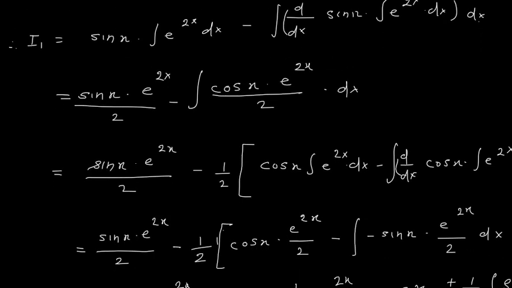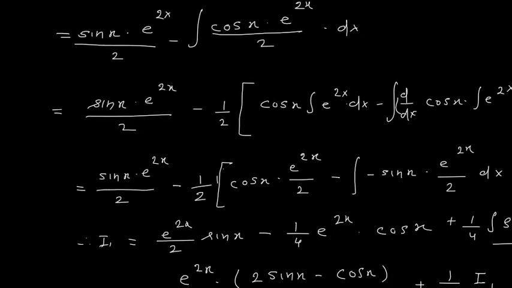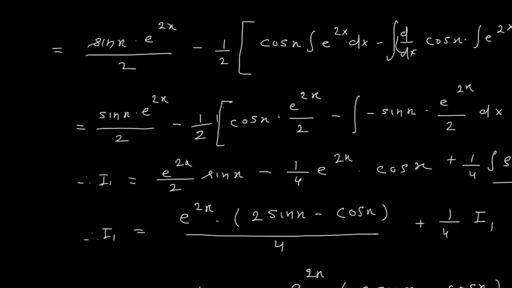Cos x e power 2x minus d by dx of cos x e power 2x dx, that is fine. So this is a minus sign, here we have a minus sign, here we have a minus sign. So here it is minus, this is minus minus plus and this minus. So here it is not plus 1 by 4, it is minus 1 by 4.